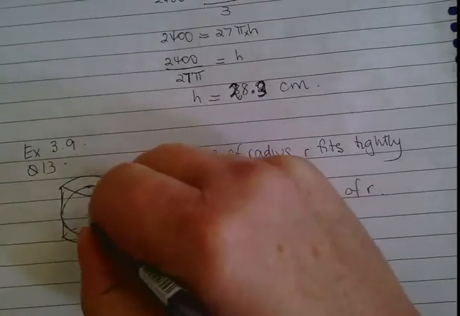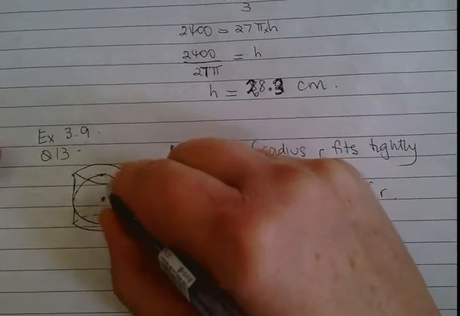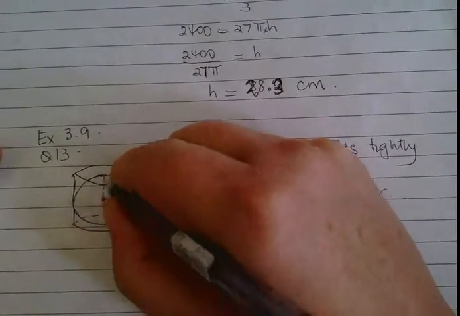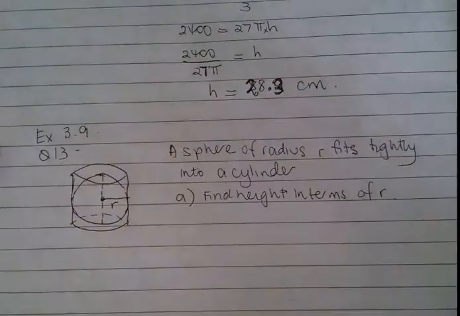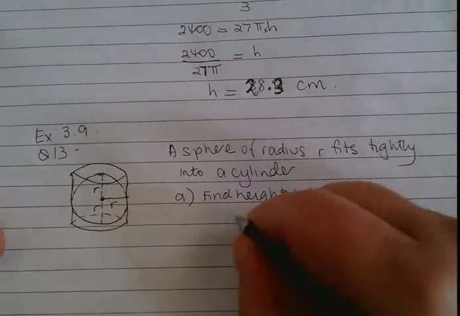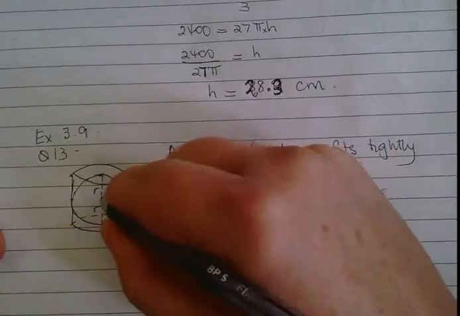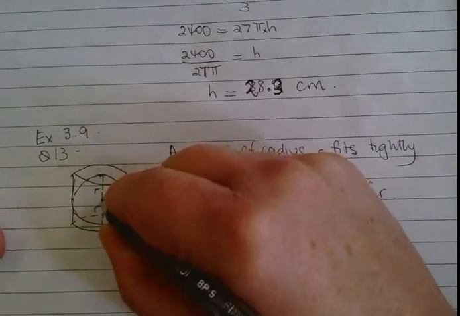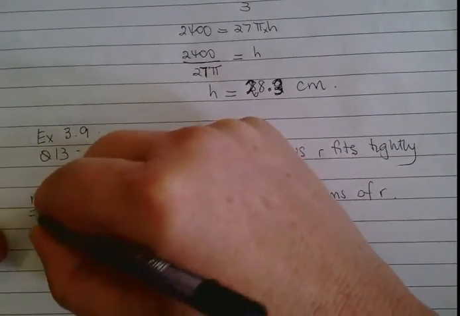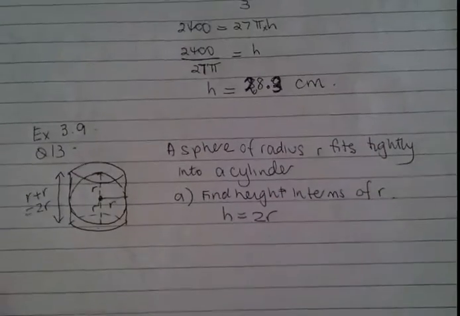If the radius is r, isn't this upright here r and this going down r as well? So what is the height? 2r, because with the sphere r up and r down, this is r plus r, which is 2r. Do we see that? Yes.